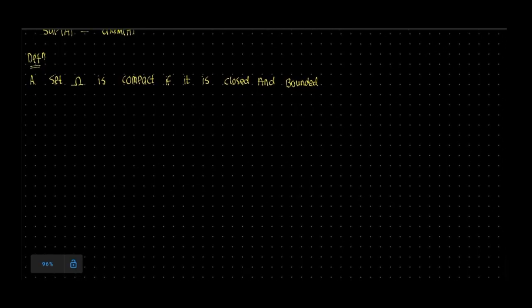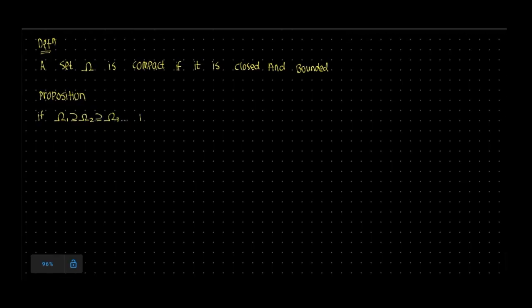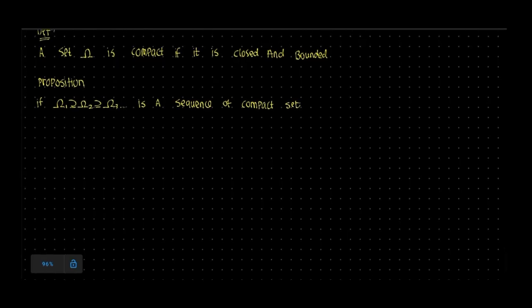The next proposition says that suppose we have a sequence of compact sets that are nested like this, and also the limit as n approaches infinity of the diameter of omega n is equal to 0.